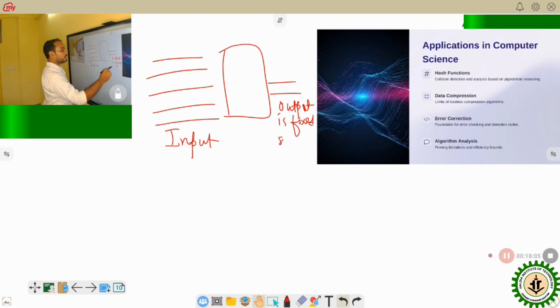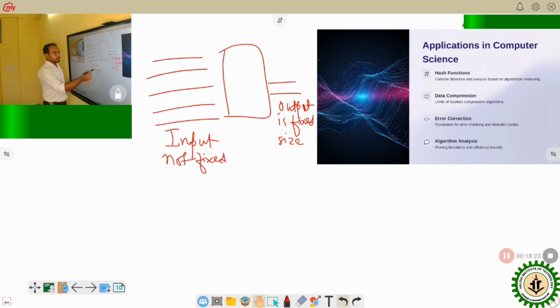It may be 1 or it may be 2. So the input is not fixed. Not fixed means the number of inputs may vary from 2 to infinity, but the output is fixed. It may be 1 or it may be 2.